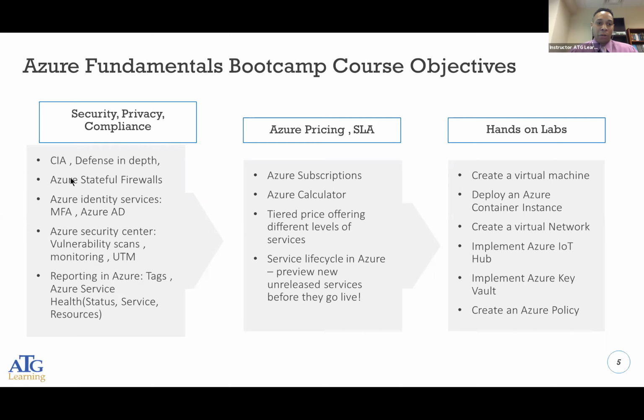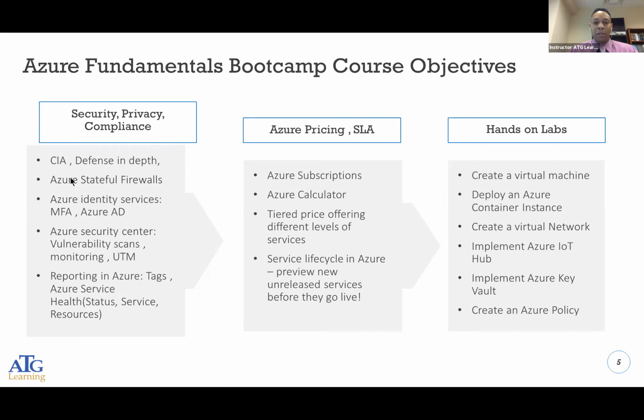Identity services, multi-factor authentication, MFA. This is a way to say that if somebody compromised my password, at least they don't have my key fob that has a PIN number on it that allows me to actually log into my network. So not only do I need my password, but I also need something else, such as a phone with a key fob password or a 6-digit PIN to log into my network.